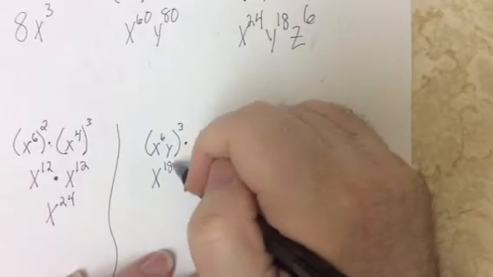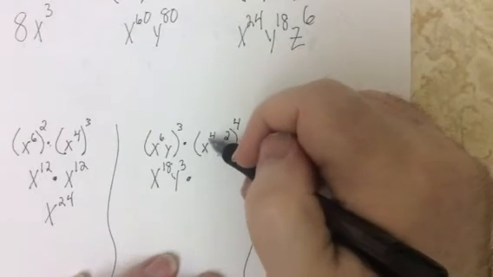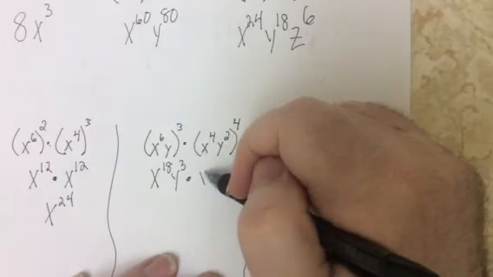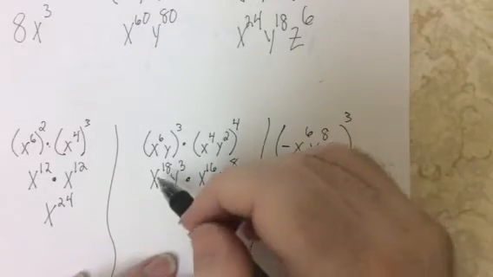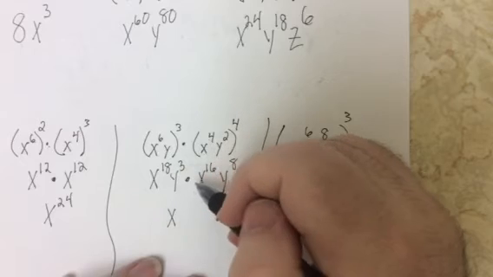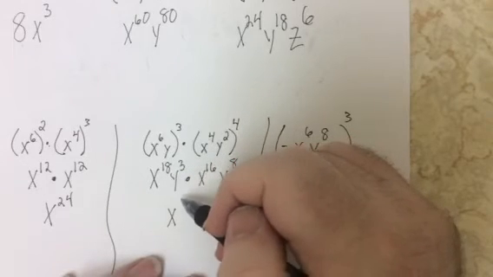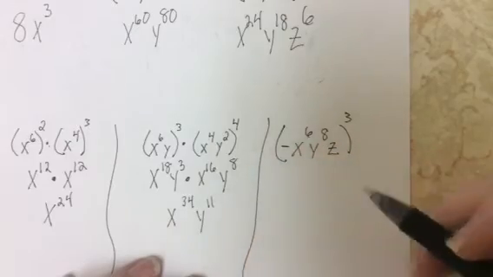So x to the 18th y cubed times x to the 4th would be x to the 16th, y to the 8th. Then when you multiply things with the same base, you add the powers. So this would be x to the 34, y to the 11.